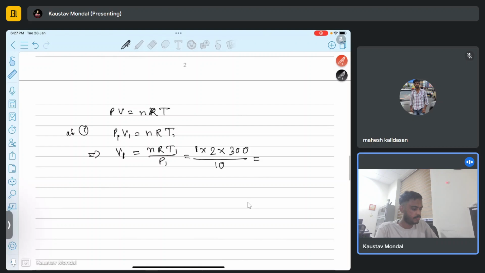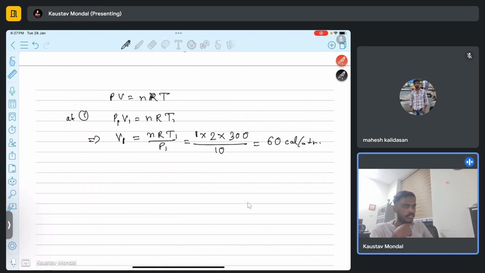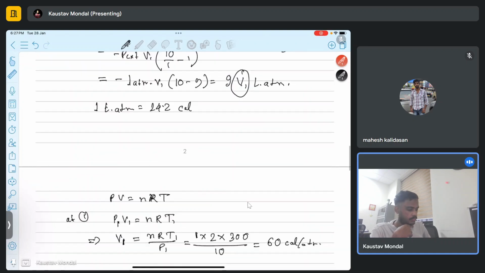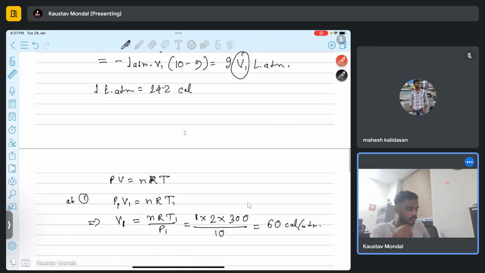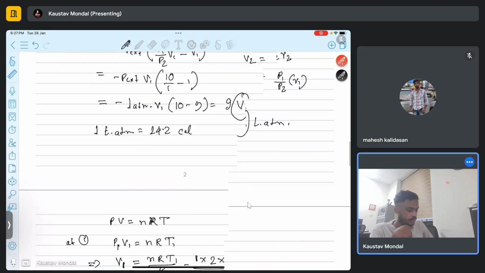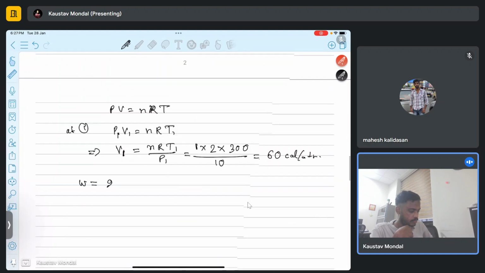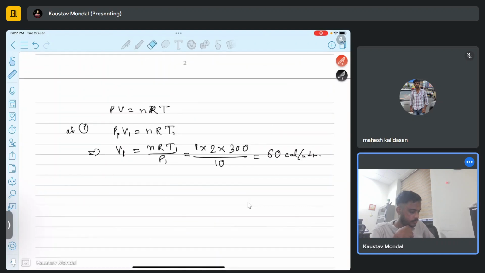That basically gives you 60 calorie per atm. Now we just put V1 in the main expression.